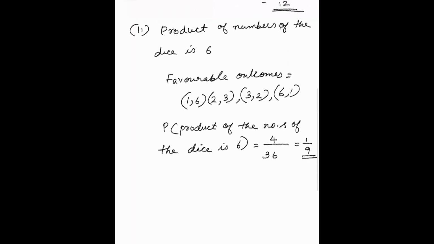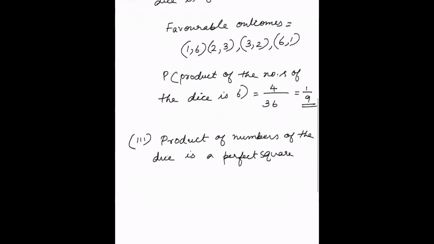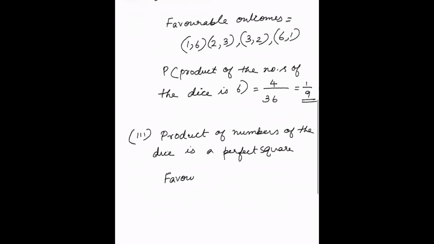Next question, third one. The event is product of numbers of the dice is a perfect square. So again, write favorable outcomes.